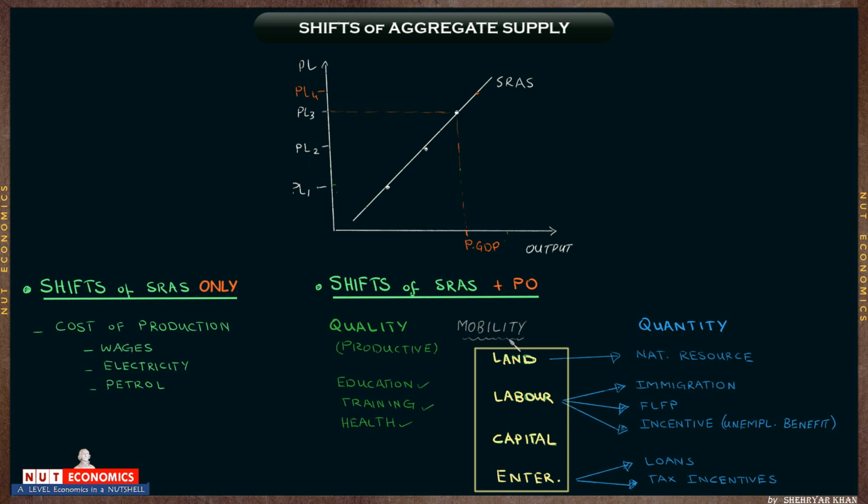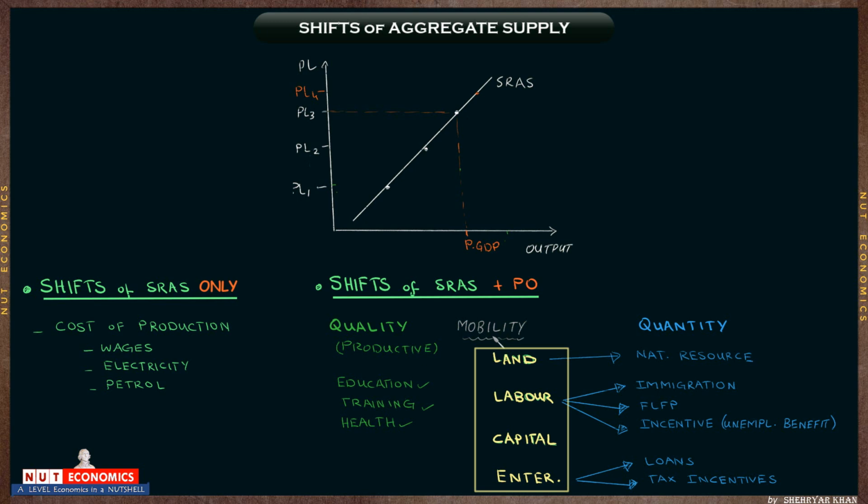It will be able to move from one place to another depending on where the demand for labor is, where production needs to be done. They will be able to reach even the small cities and villages. And overall, that would mean that as a country, you would end up producing more output. So potential GDP will increase, and the short-run aggregate supply curve, we assume, will also shift to the right if the geographical mobility of your workforce increases.